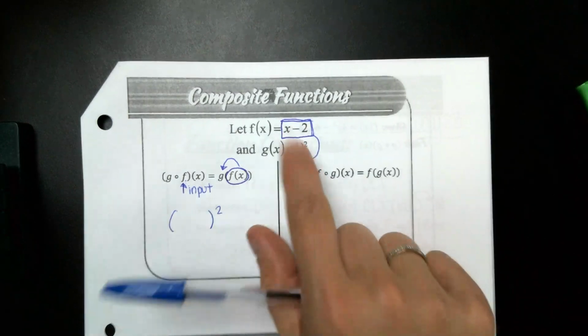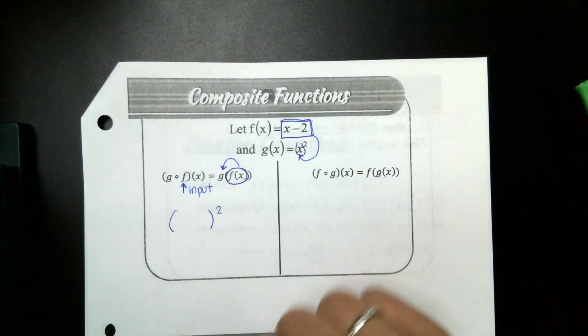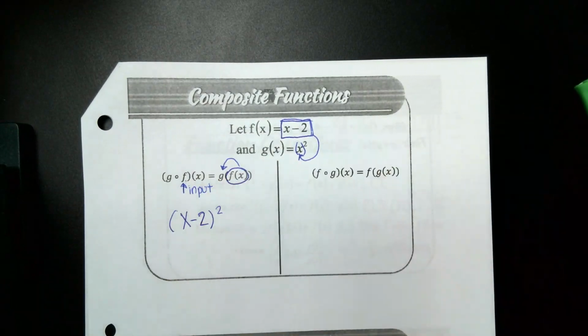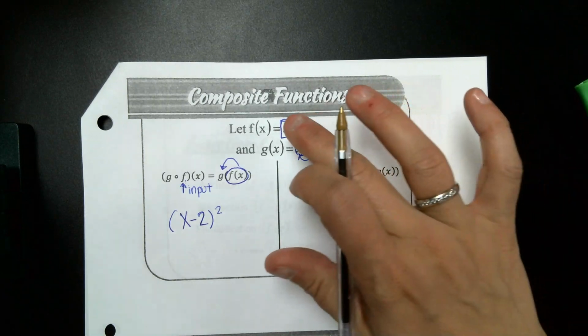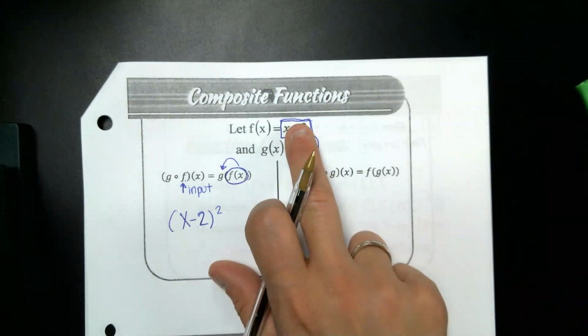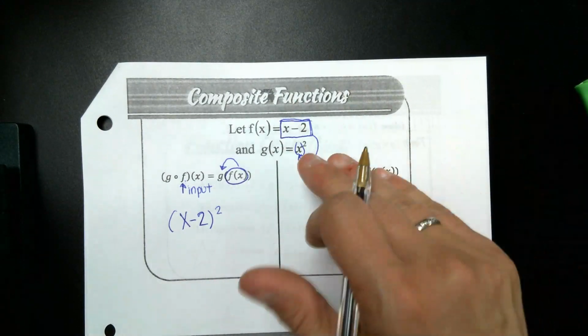We're taking x out and putting what in? X minus 2. You are plugging one function into the other. So you take the letter out and you put what I have in the box in its place.